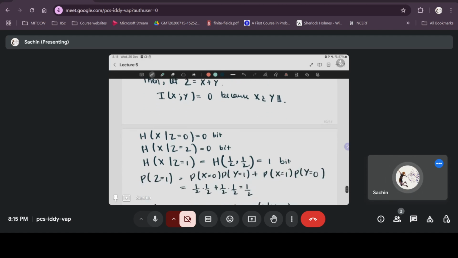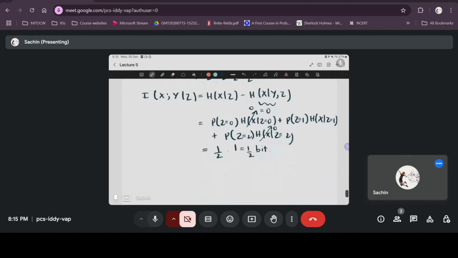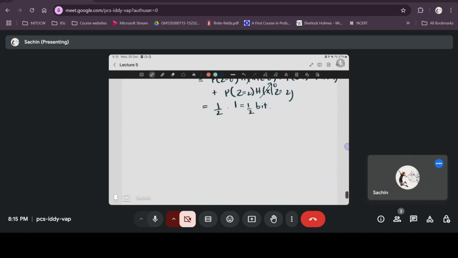But in case of mutual information, I of x;y conditioned on z can be greater, lesser, or equal to I of x;y. So we can only tell what it is in case it's a Markov chain. Otherwise, we can't tell.